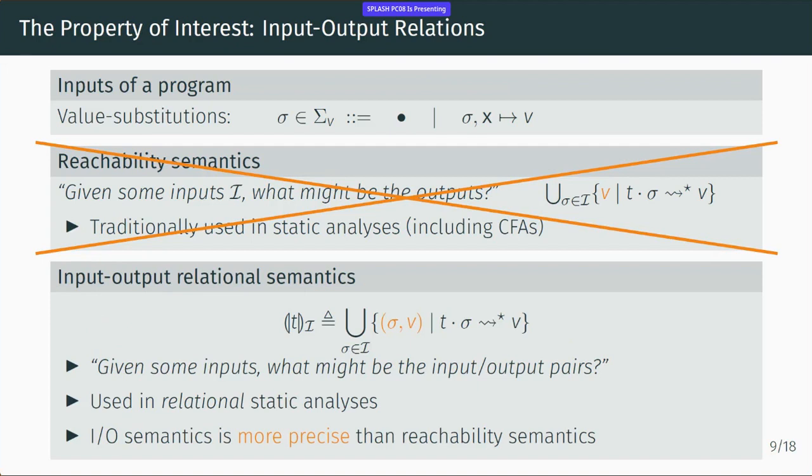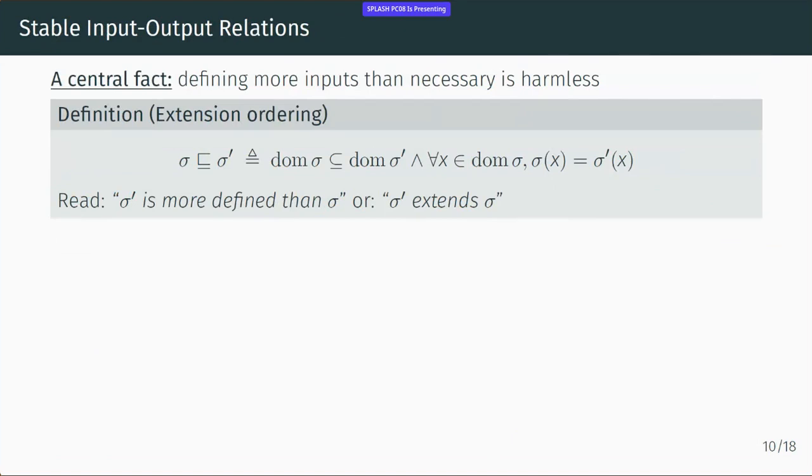So given a set of inputs I, what are the input-output pairs that could be produced by the program? This is used in what we call relational static analysis, or what some colleagues call transformation analysis.